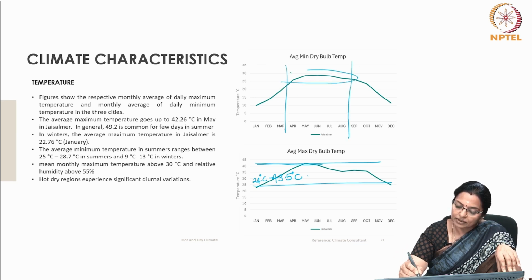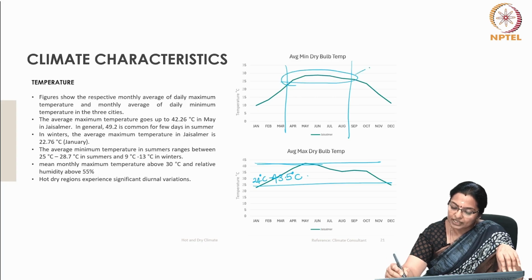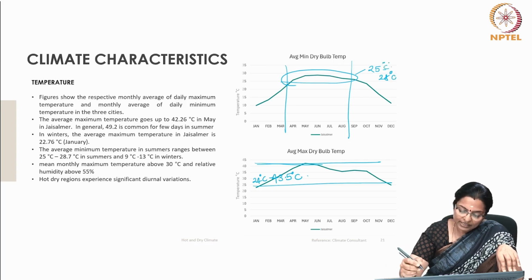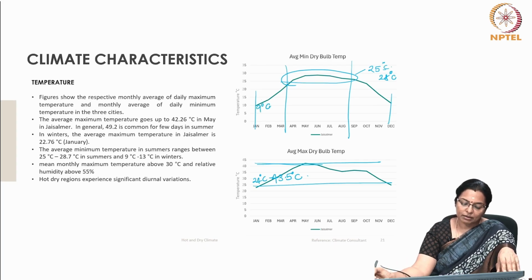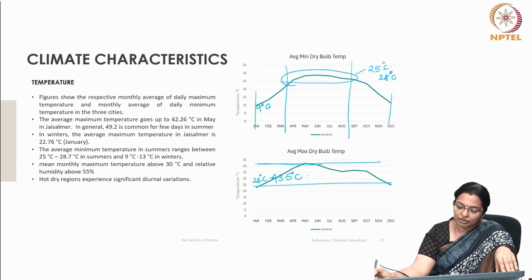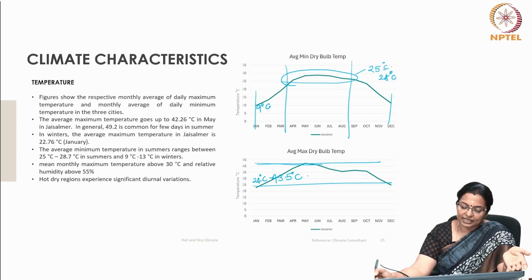So in the summer, the temperature ranges between 25 to 28 degrees centigrade, whereas in the winters, the temperature could dip even up to 9 degrees centigrade. The mean monthly maximum temperature is above 30 degrees centigrade and the relative humidity is above 55%.